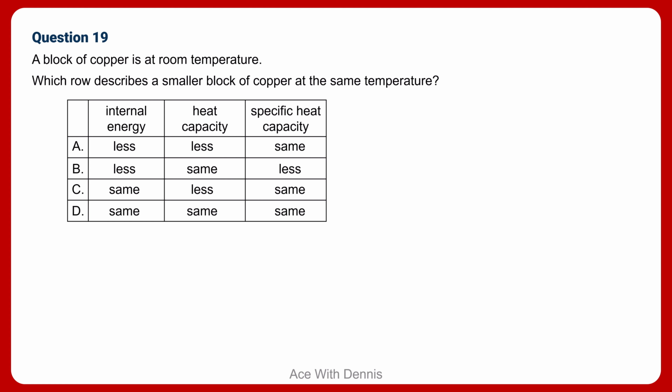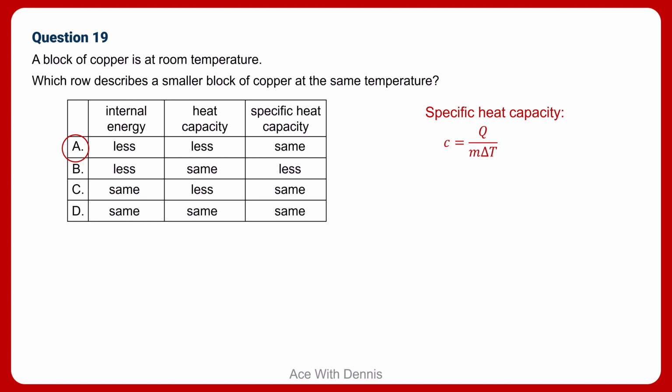The answer is A. Internal energy is less, heat capacity is less, and specific heat capacity is the same. The formula for specific heat capacity is c equals Q over m delta T, where Q is the thermal energy, m is the mass, and delta T is the change of the temperature.